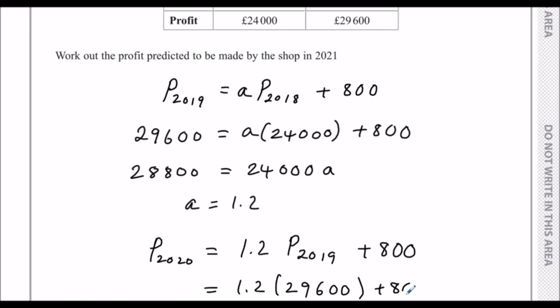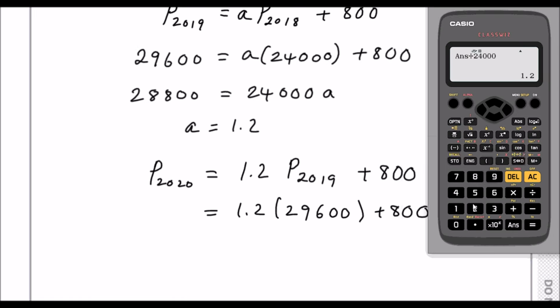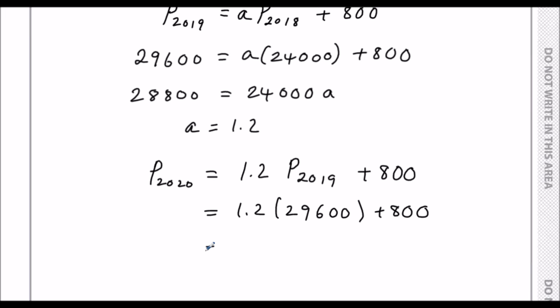So we can work out the profit in 2020 and then do the same again for 2021. I'm going to put that as my answer so I can use the ANS button. So I've got 1.2 times my answer plus 800. So I get 36,320.